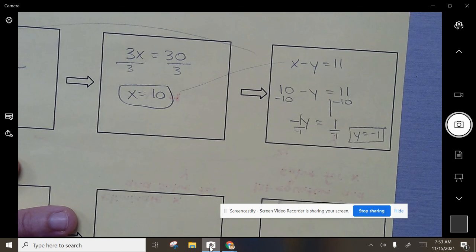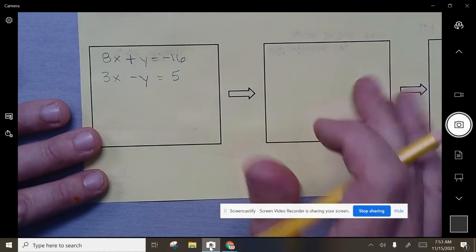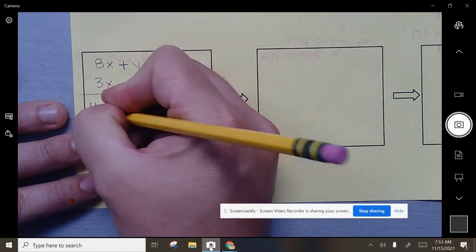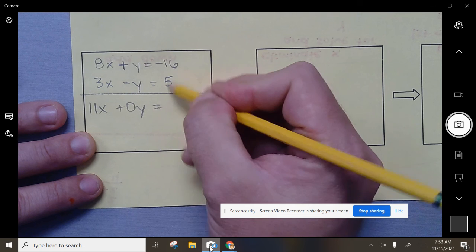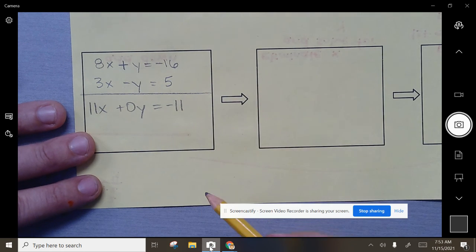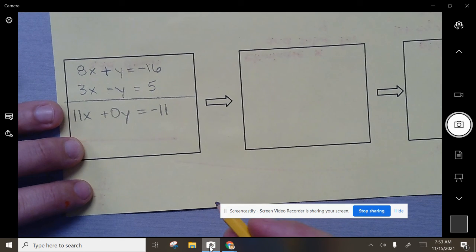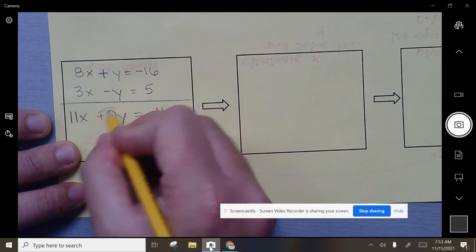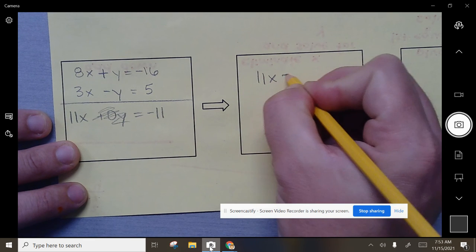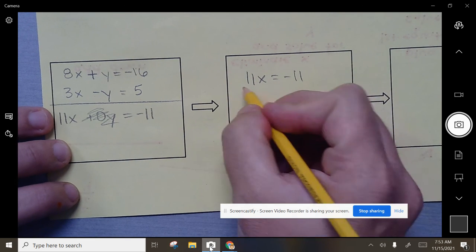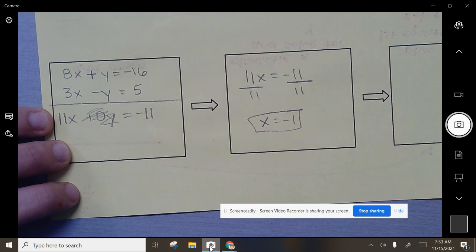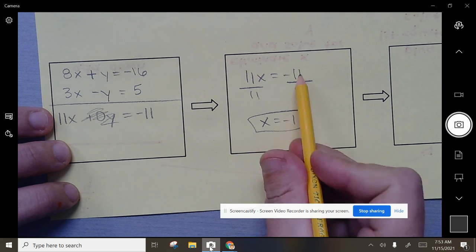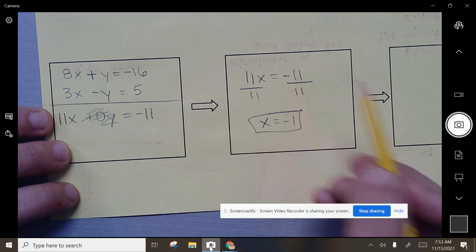All right, last one. Add down, I get 11x, 0y, and negative 11. If you need calculators here, go for it. I have no problems with calculators. All right, so now this gets eliminated. 11x equals negative 11. Negative 1. We okay there? 11 into 11 is 1, but the negative makes it negative 1.